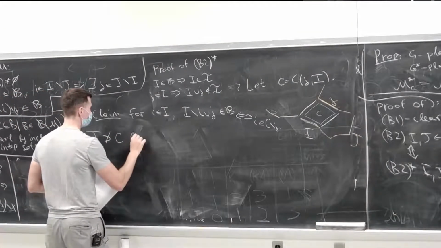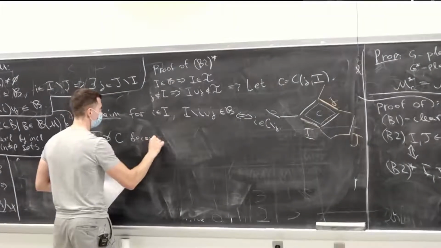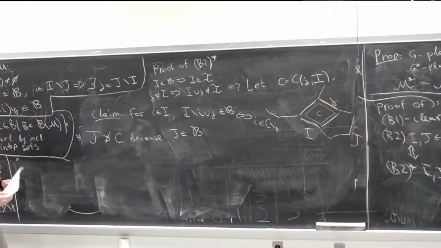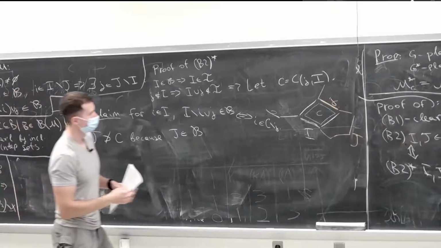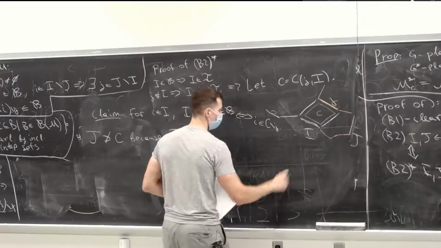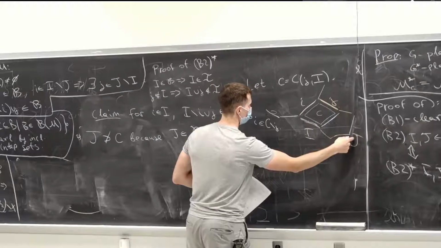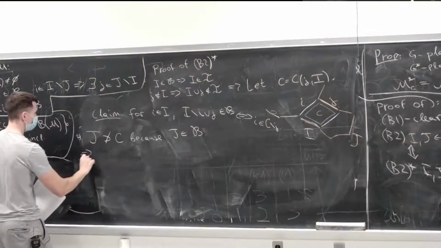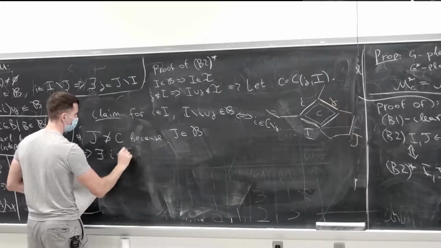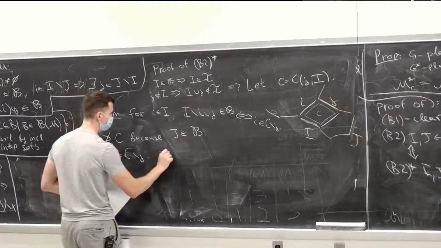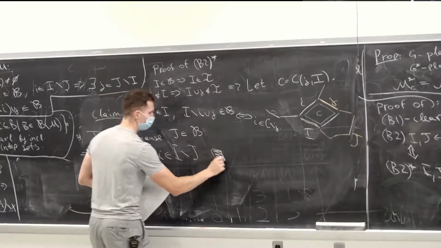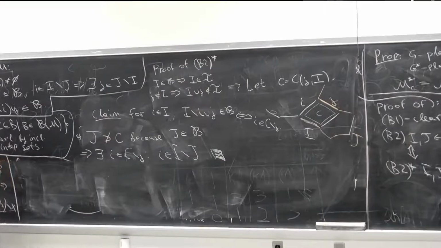Because J is independent. So the conclusion is that we know that capital J contains little j, so there must be a little i which does not belong to capital J, i in C minus J such that i belongs to I minus J. That's the end of the proof.